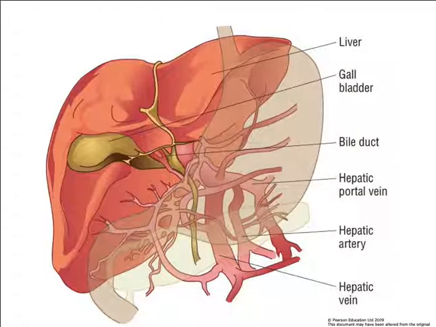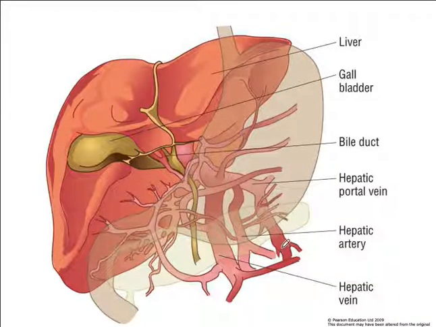So, to summarise using another diagram, we've got the liver, we've got the falciform ligament, you can see under here, separating the right and the left lobes. You can see the gallbladder on the underside of the liver, just here. You can see here the hepatic artery, so the oxygen-rich blood entering the liver.